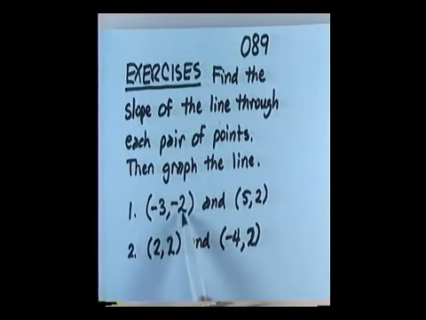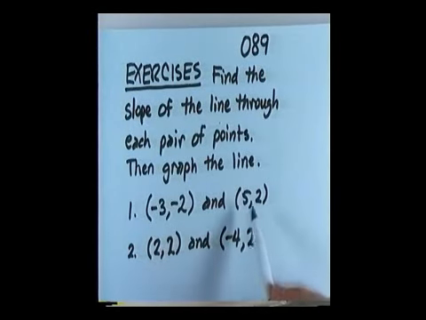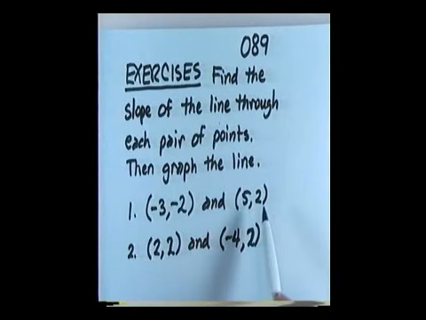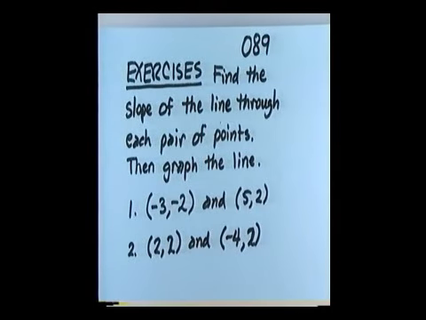First, (-3, -2) and (5, 2). The next pair, (2, 2) and (-4, 2). After you've copied these, stop the tape, work the exercises, then restart the tape to check your answers.